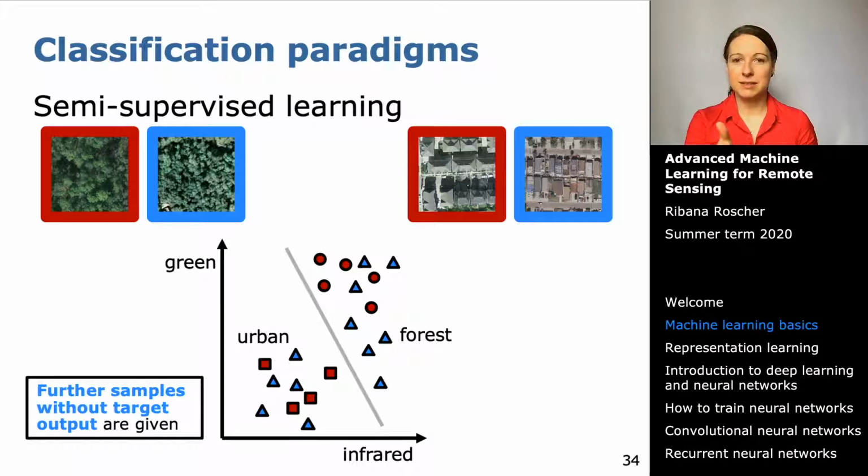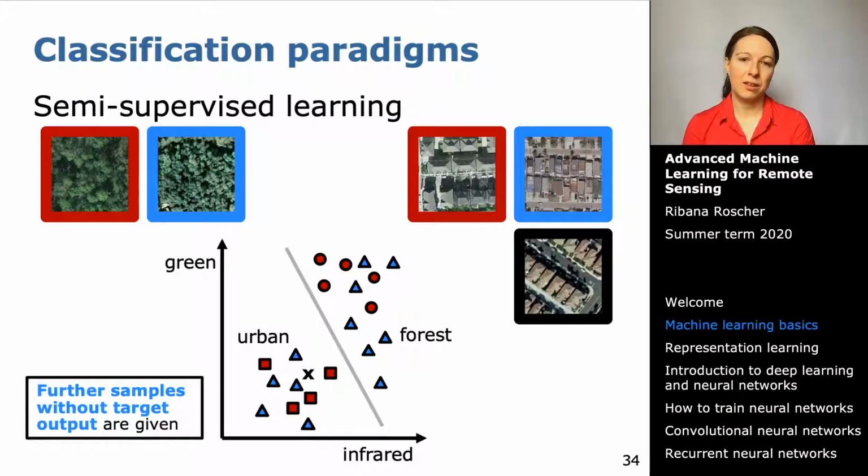If you have unlabeled samples of forest, they will be very similar to the labeled samples of forest. Using this, you can learn a better decision boundary between these two classes. When you have a test sample, you can assign a class to the test sample. In this case, it is urban.